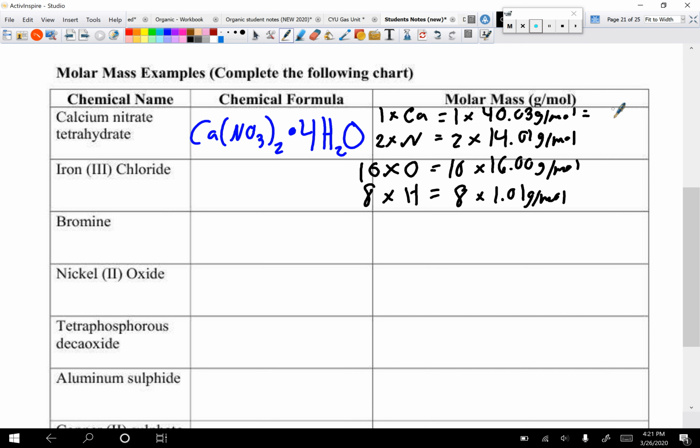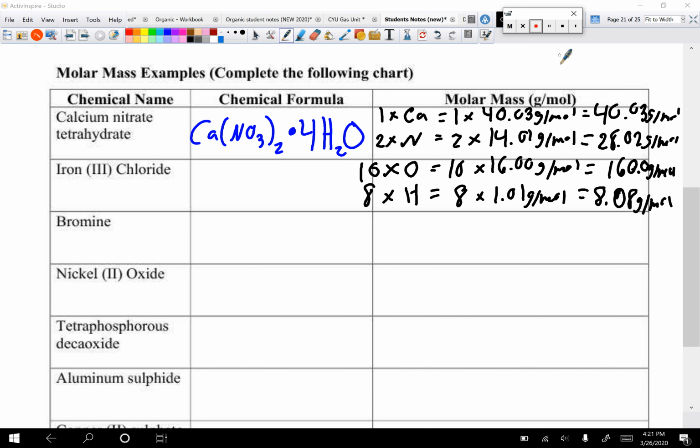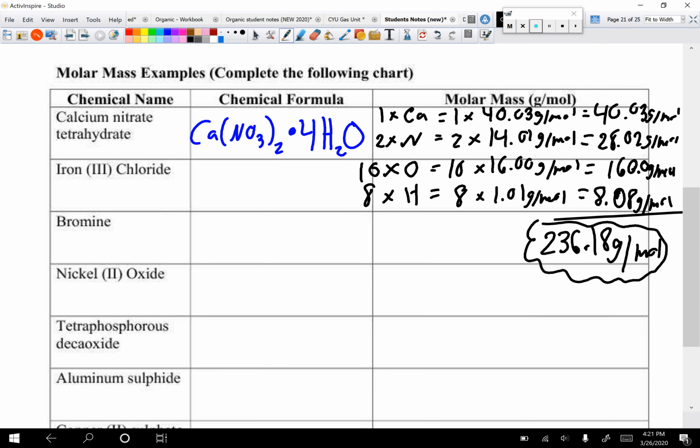So of course we simplify all this. All right, so all those are simplified, and when we're done, we just add them all together, and we get 236.18 grams per mole. And that is for our calcium nitrate tetrahydrate.